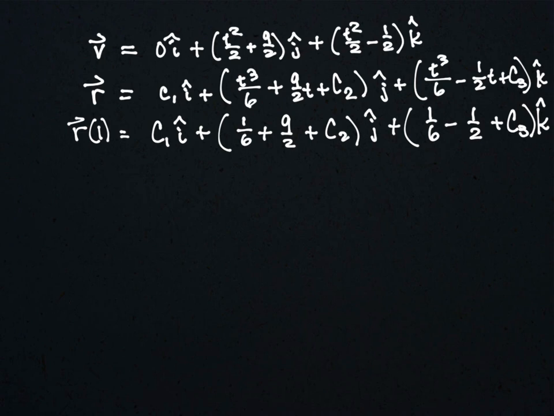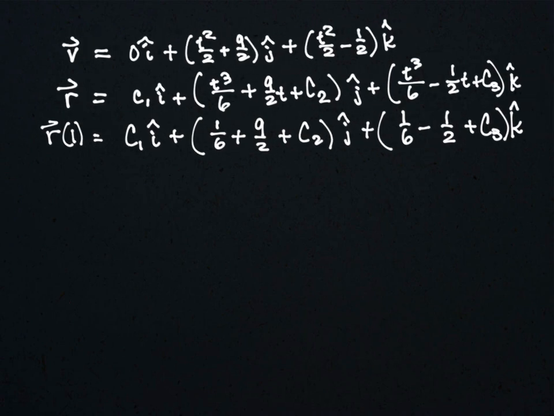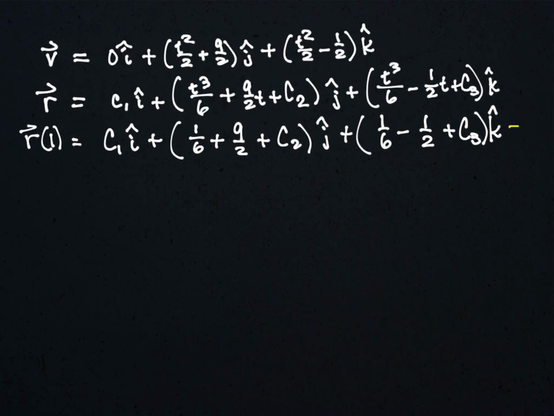And these should all be the 0 vector. Let me shift this over and I can write that on the side. This is the 0 vector, right? So all of those coefficients for i, j, k should be zeros.